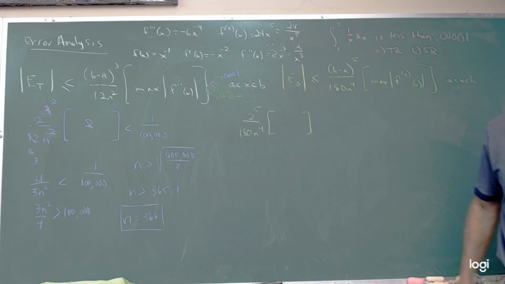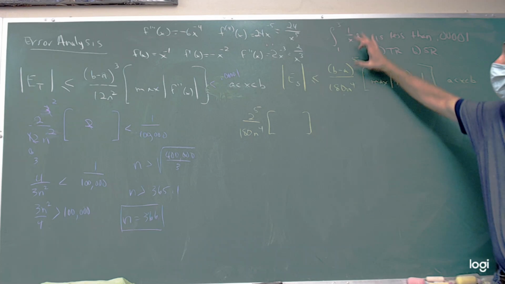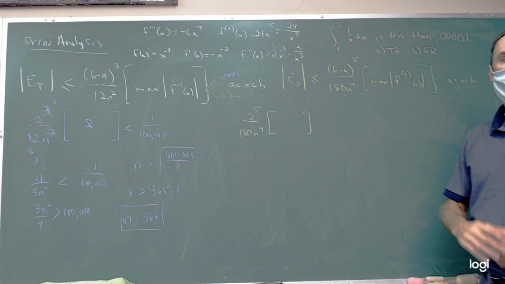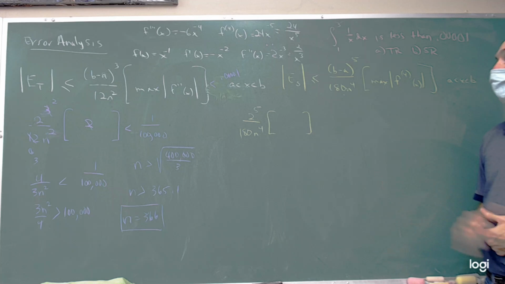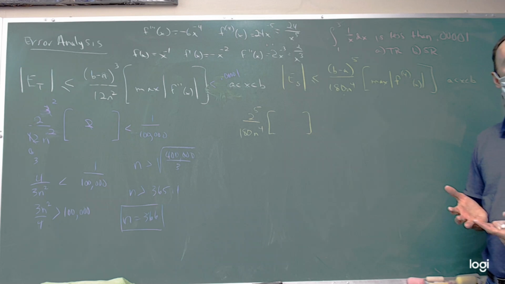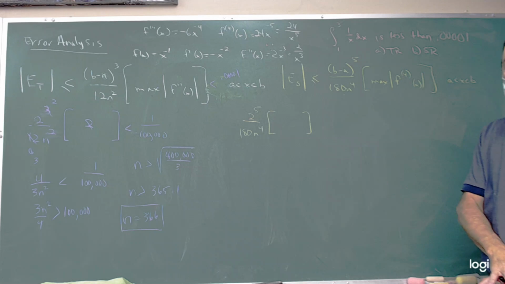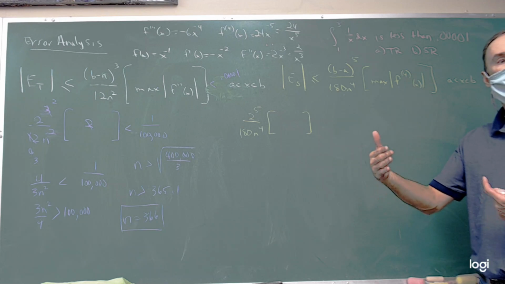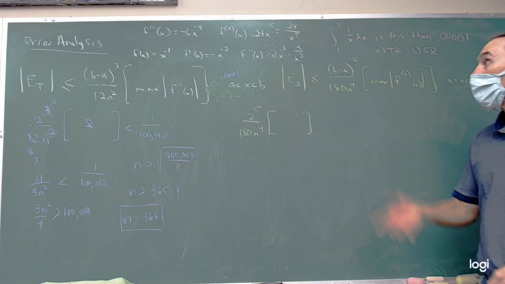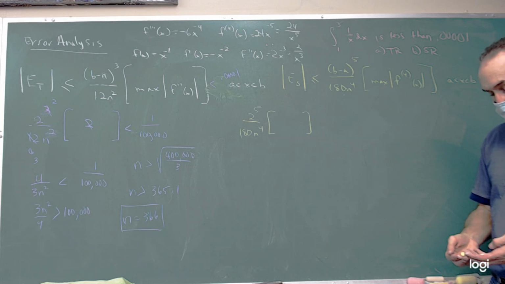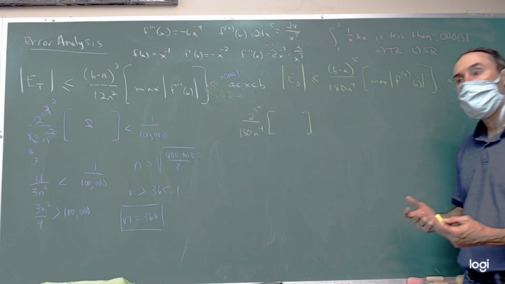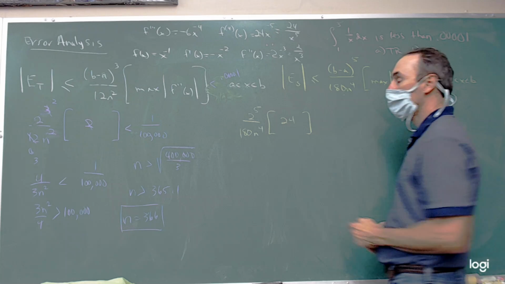So again, we're saying what's the largest that can be on our interval from 1 to 3. We've got that x to the 5th in the denominator, and the largest a fraction can be is when its denominator is the smallest. So between 1 and 3, the smallest it can be is 1, which makes the largest that our fourth derivative can be 24. Is that okay?